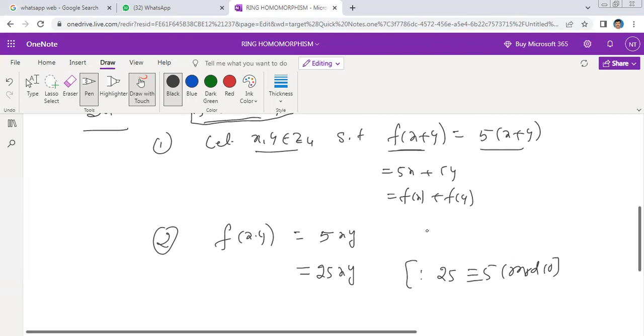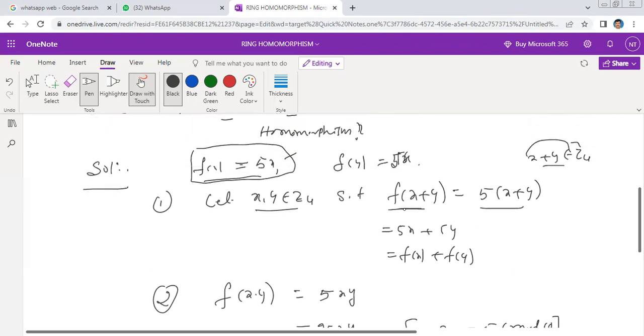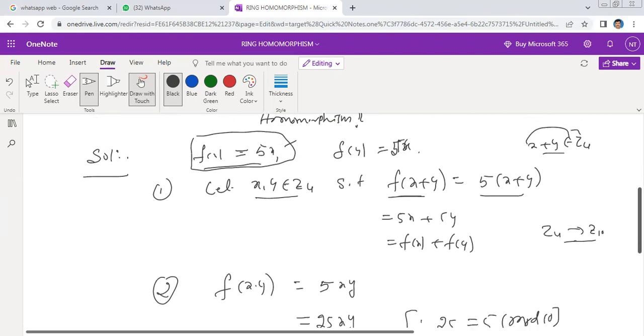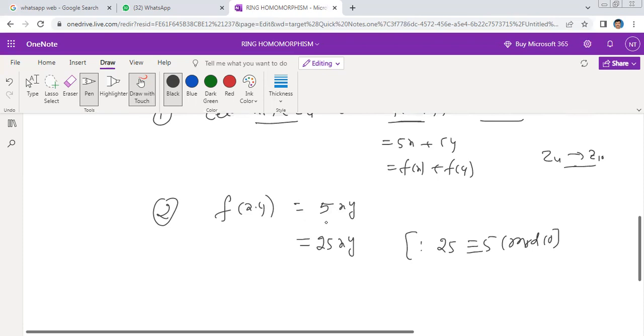You observe here, our mapping is Z4 to Z10. The image operation, I mean the codomain operation, is modulo 10. So 25 is always congruent to 5 modulo 10, since 10 divides 25 minus 5, which is 20.